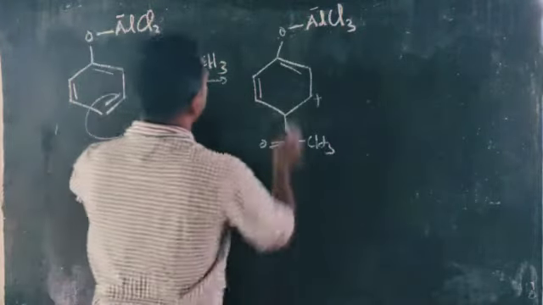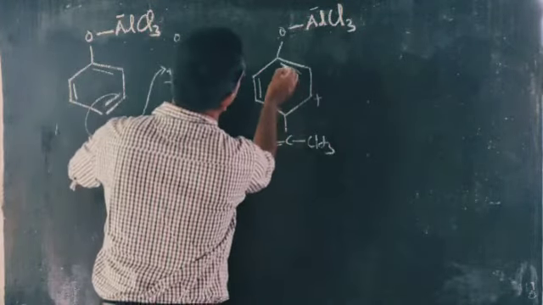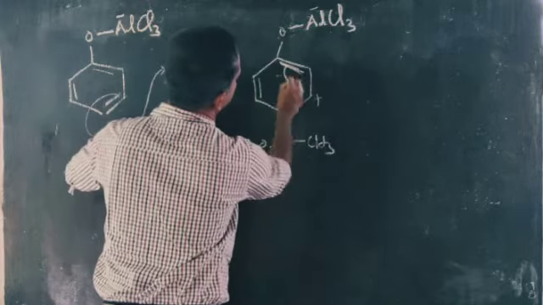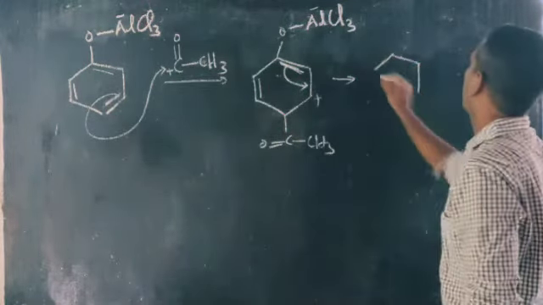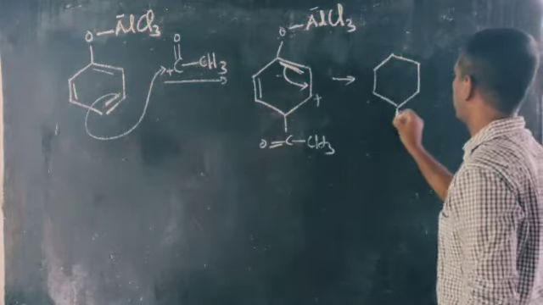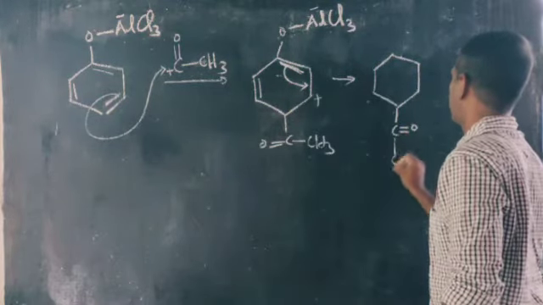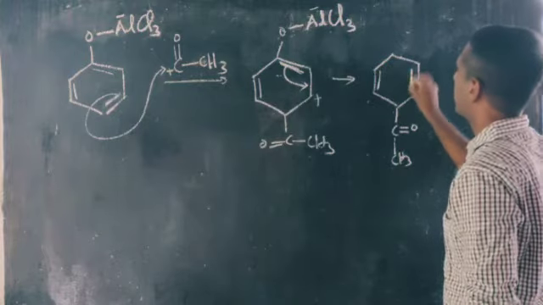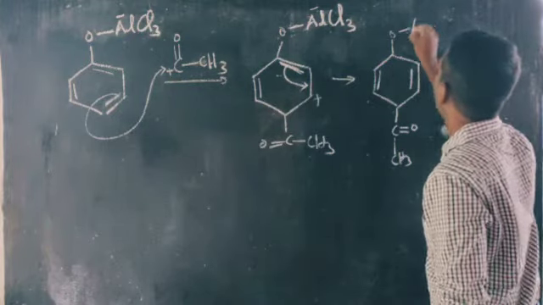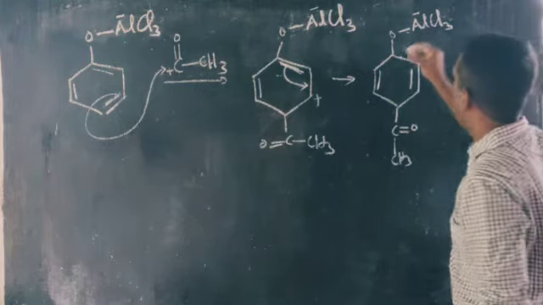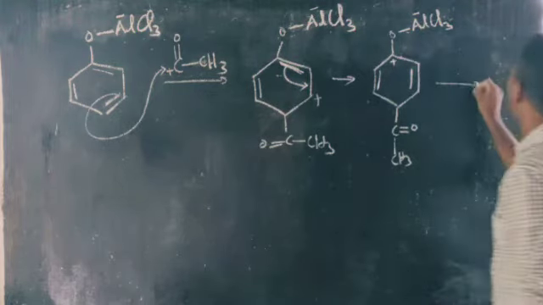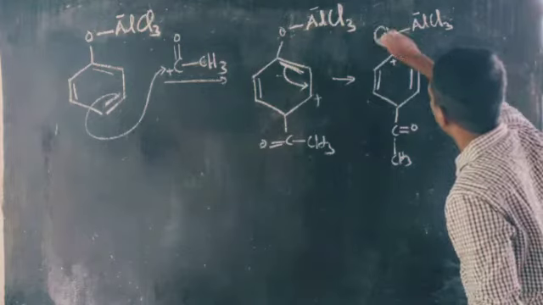In the next step you can see that this bond is migrating to here, and we get C double bond O CH3, with a double bond here, and O AlCl3 minus, and a positive charge, and we have discussed earlier this pair of electrons is shifting to here.